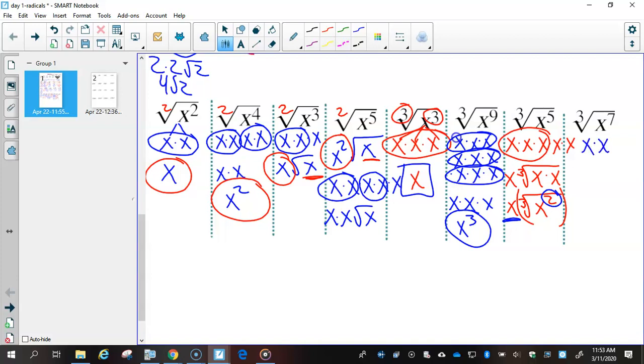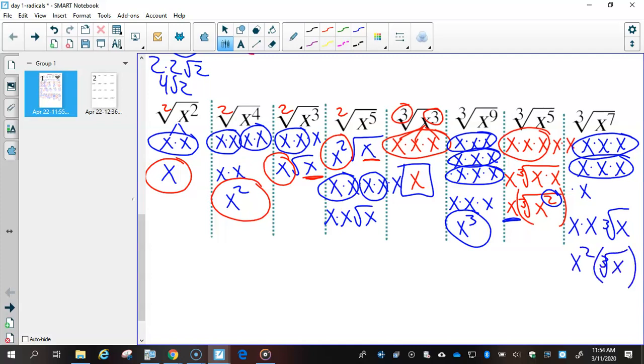For this one, two groups are going to come out, leaving one inside the cube root. So your final answer would be x squared times the cube root of x, and you can put that in parentheses if you would like. You don't need to, it's not necessary. Okay. Any questions on these so far? Flip over to the back.